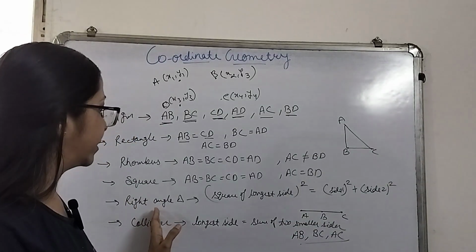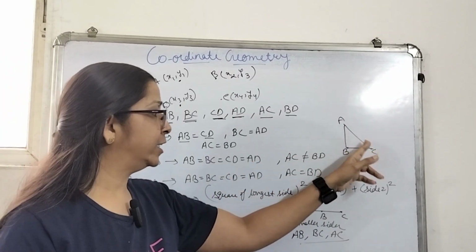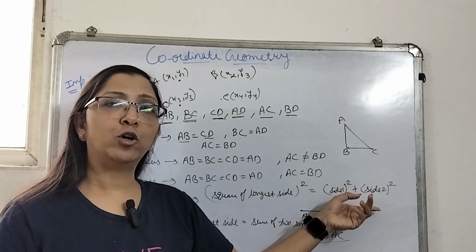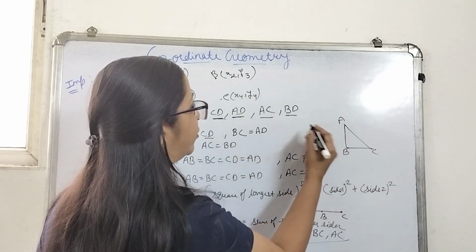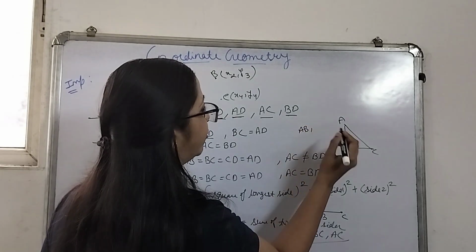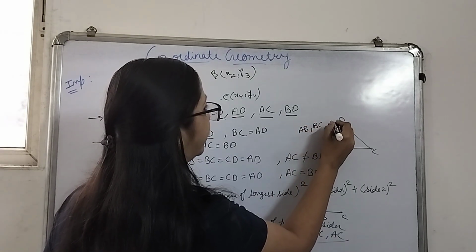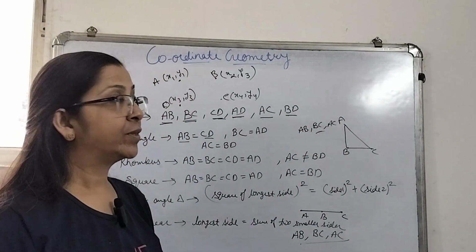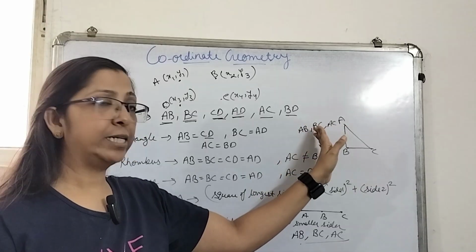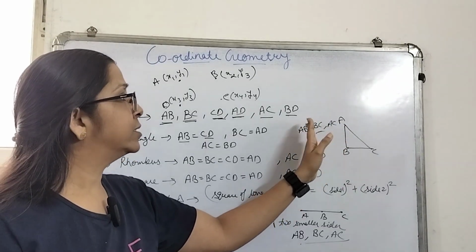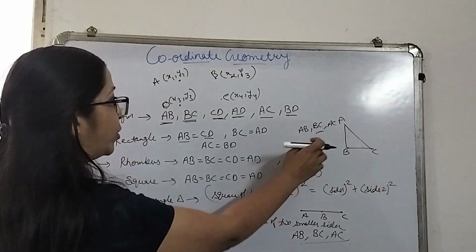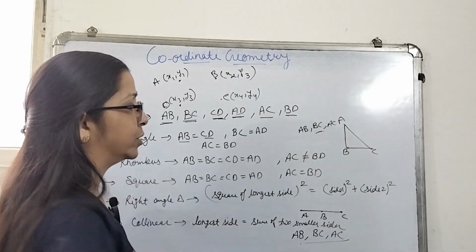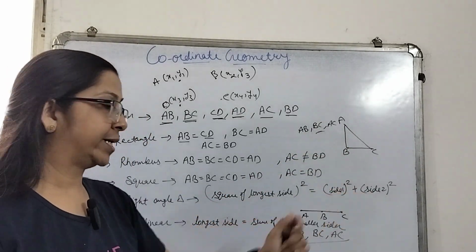For a right angle triangle, the square of the longest side should be equivalent to the sum of squares of the rest 2 sides. That means 3 coordinates are given. We will be finding the lengths AB, BC, and AC. And the square of the longest side should be equivalent to the sum of squares of the rest 2 sides.